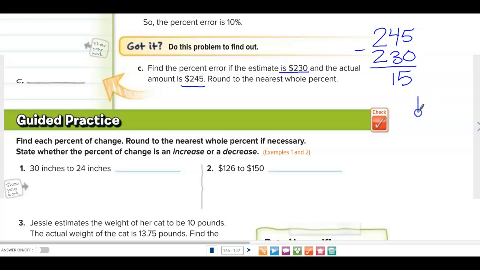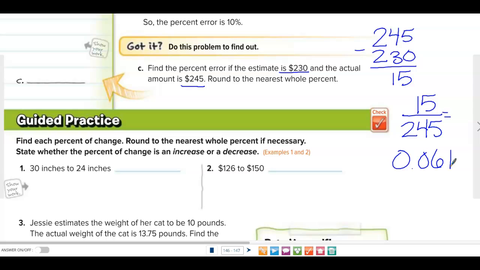Good. So that is my amount of error, and I'm going to divide it by the actual amount, which is what? 245. And when I type it into my calculator, I get 0.061.